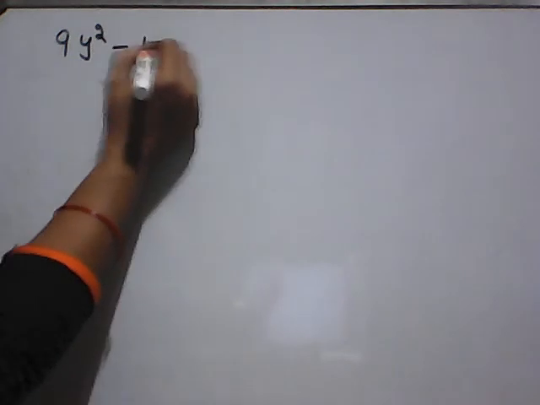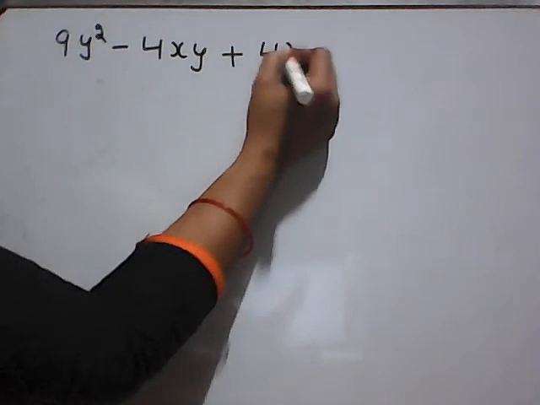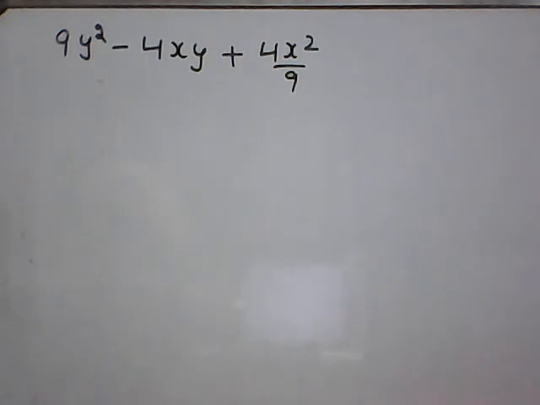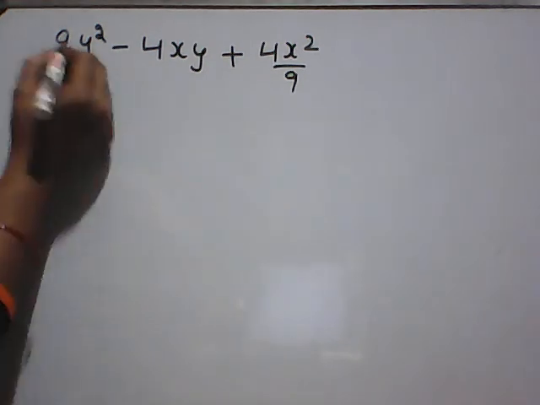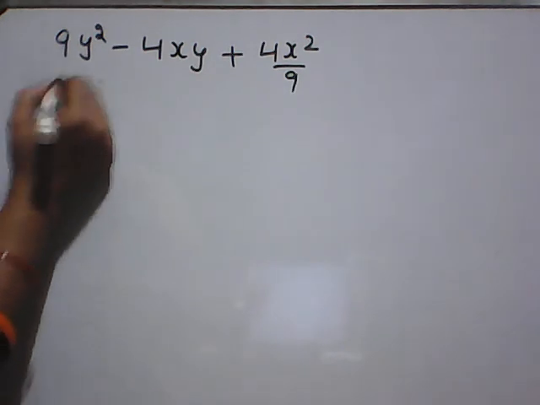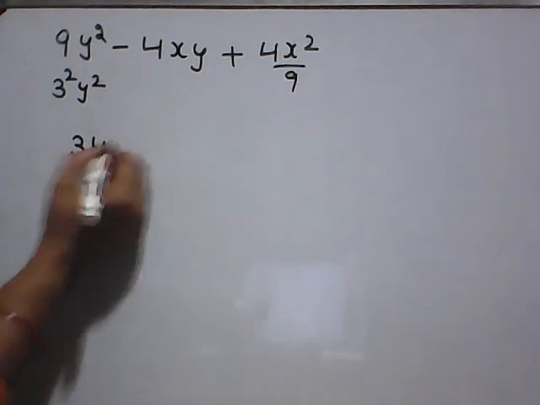In the next part, the expression given to you is 9y square minus 4xy plus 4x square divided by 9. Now 9y square can be written in the form of a perfect square, as we know that 9 is the perfect square of 3. So 3 square y square can be written as (3y) whole square.